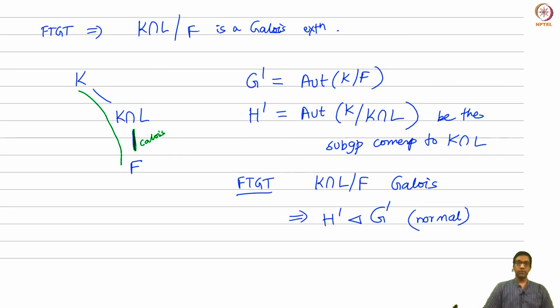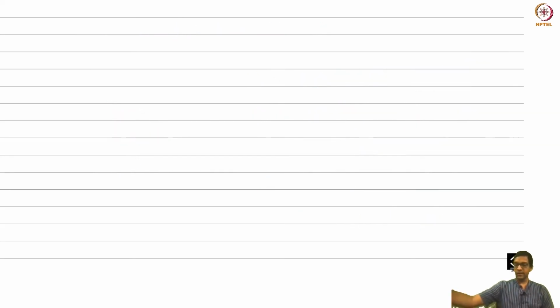Now that's a problem because we have assumed to begin with that G prime is simple, right? Which means that it's got no normal subgroups other than the identity and the whole group. So there are only two possibilities: either H prime is the identity or H prime is the whole group.